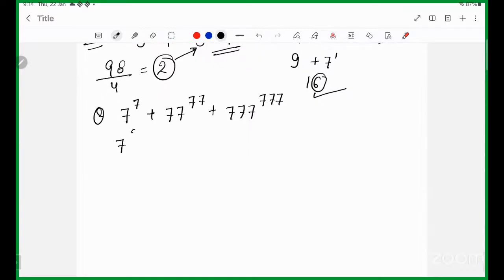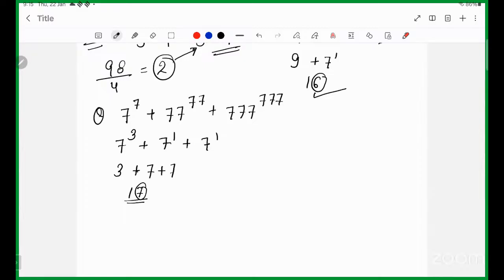Here it will be 7 raised to power 3 plus 7 raised to power 1, plus 7 raised to power 77 divided by 4. It will be 7 only. So here 7 raised to power 3, again the unit digit will be 3, plus 7. It will be 17. So last digit will be 7 only.